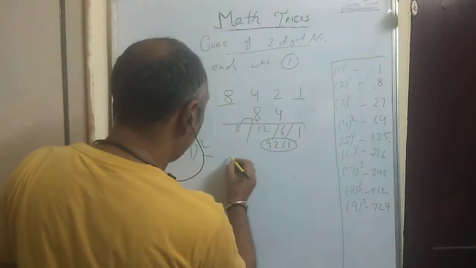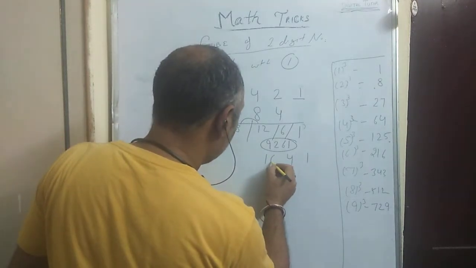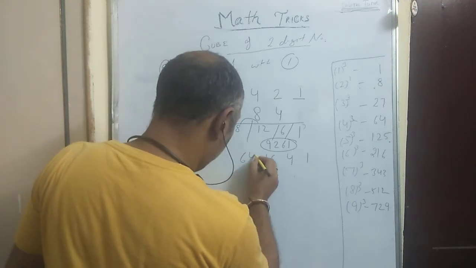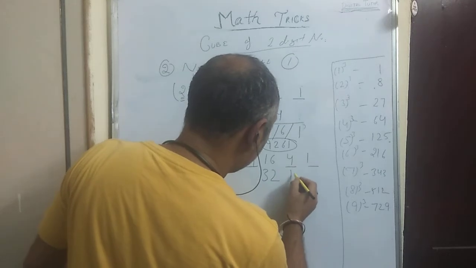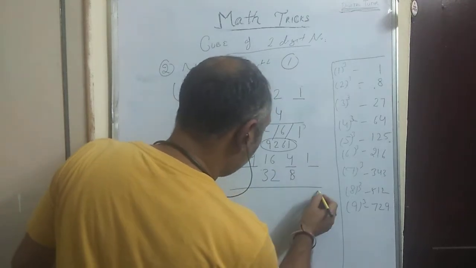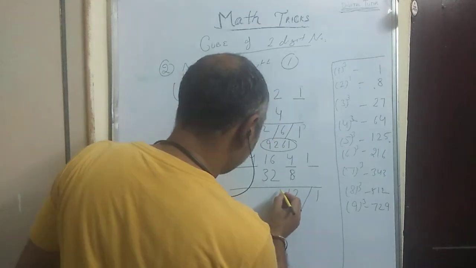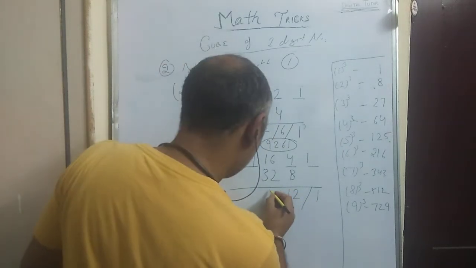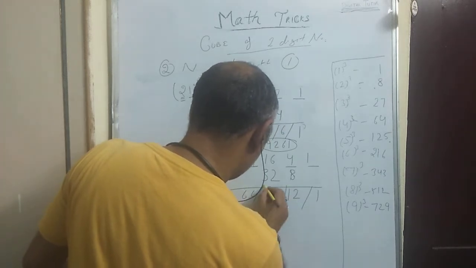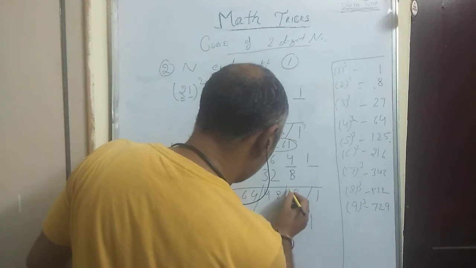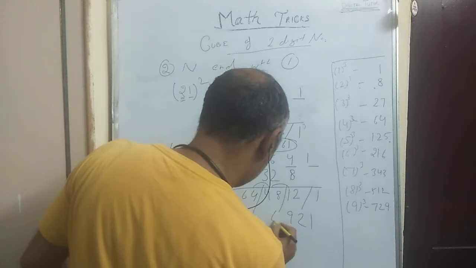Same with 41: 1, 4, 4 plus 2 is 16, 4 plus 2 is 64. Leave that, double of that 32, double of that 8, 1, 12, 48, 64, 1, 2, 1 carry, 49, 9, 4 carry, that is 68921.